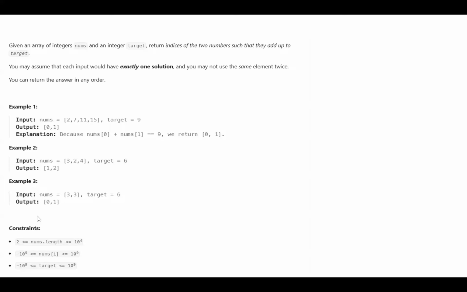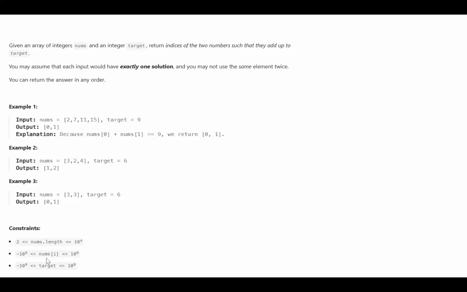And these are the constraints. The nums array length should be between 2 and 10 to the power 4, which is 10,000. Of course we are not going to test on that much, but you can consider 15, 16, 17, whatever.